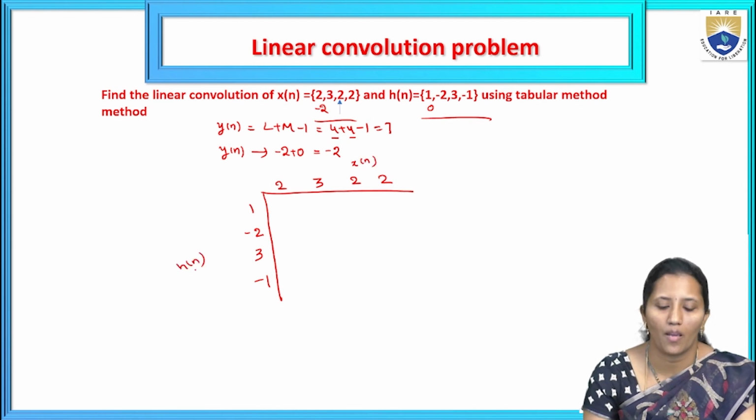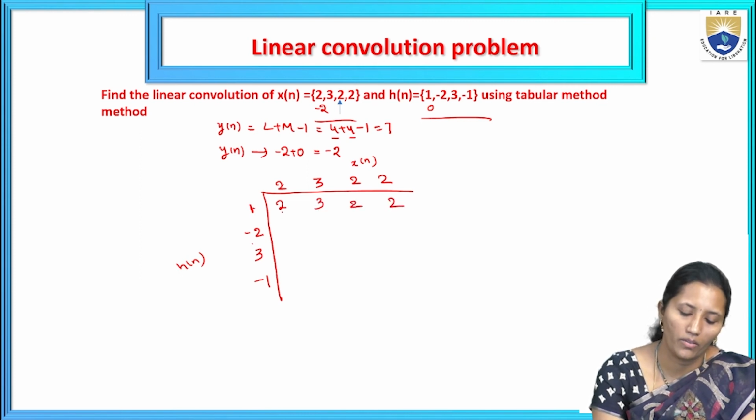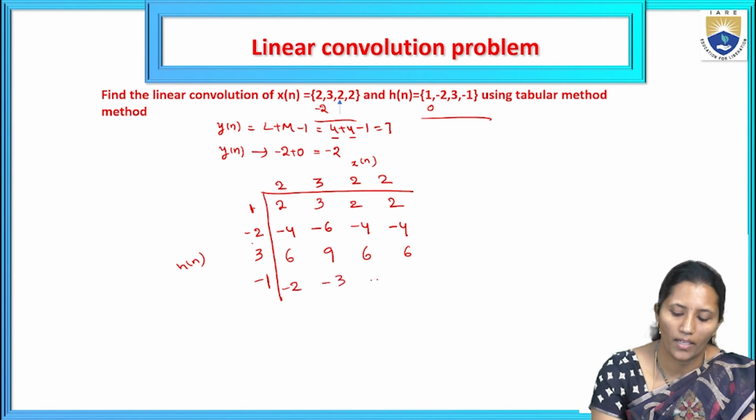Just represent the sample values and multiply the corresponding sample values. 1 into 2, 2, 1 into 3, 3, 2, 2. Minus 2 into 2, minus 4, minus 6, minus 4, minus 4. 3 into 2, 6, 9, 6, 6. Minus 1 into 2, minus 2, minus 3, minus 2, minus 2.